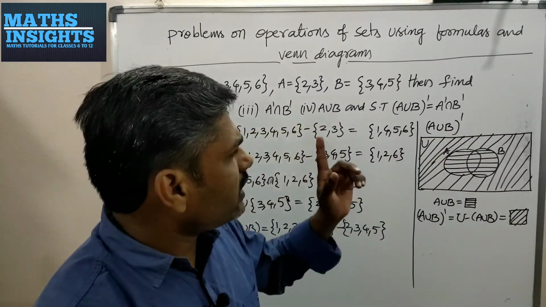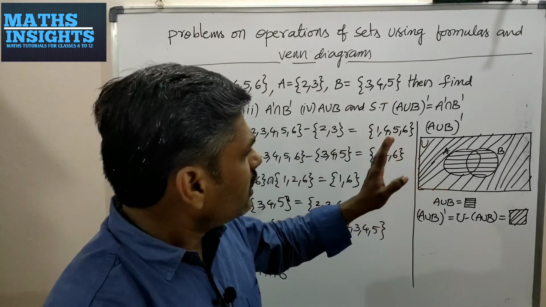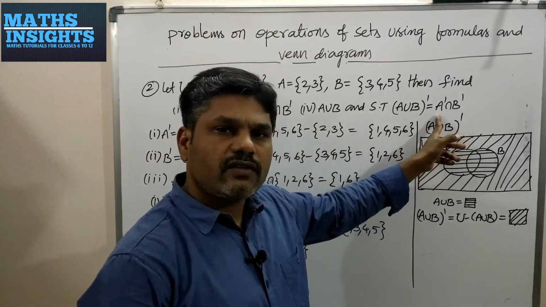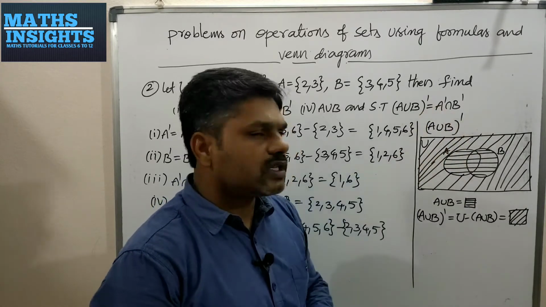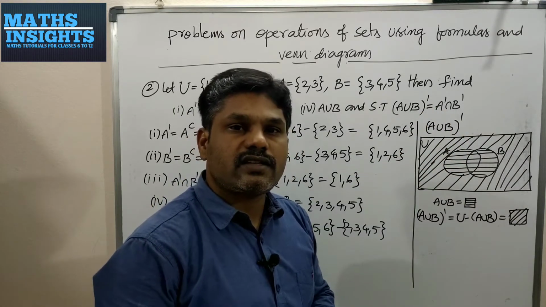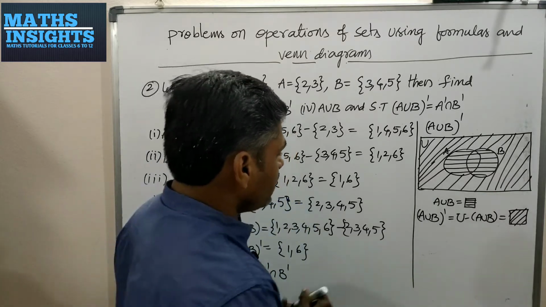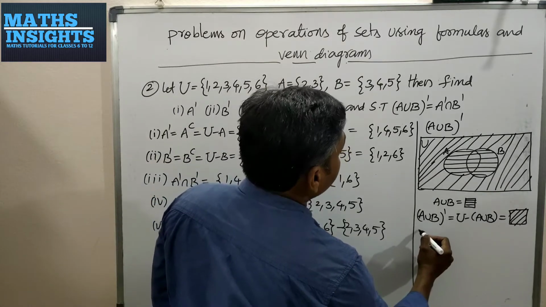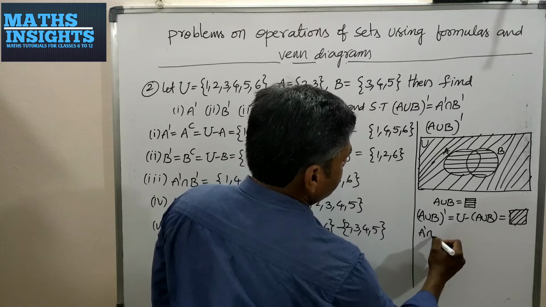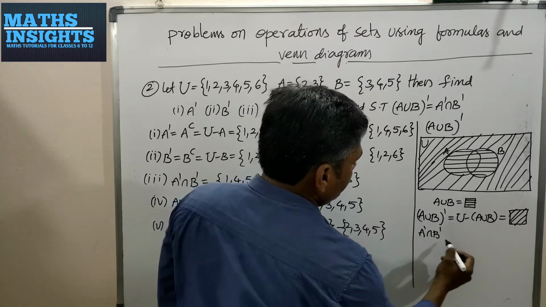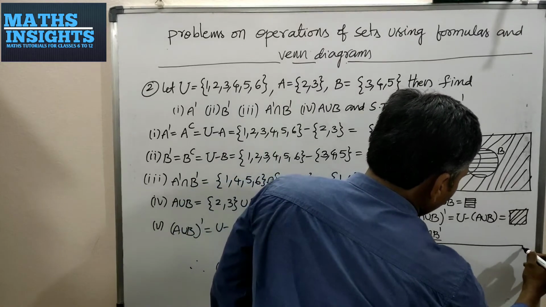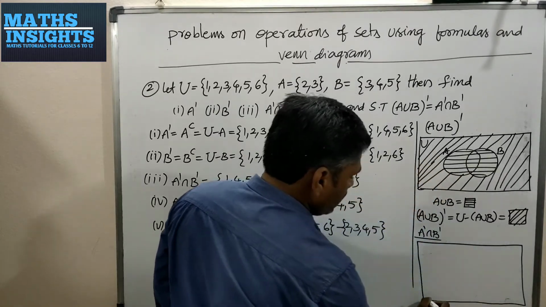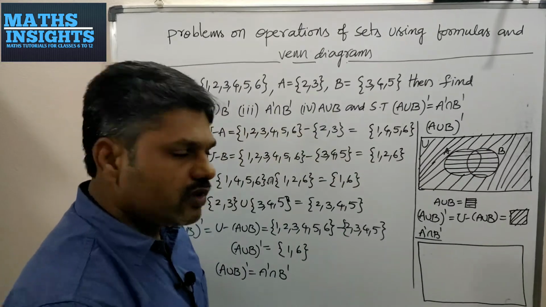Coming to A dash intersection B dash, you will draw the Venn diagram for A dash first, then B dash, then you will show where it is A dash intersection B dash. See, this is the second one, that is A dash intersection B dash, I am drawing for this. So you know very well, you have to draw a rectangle for the universal set.